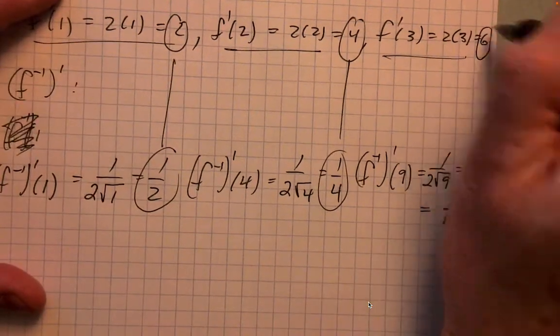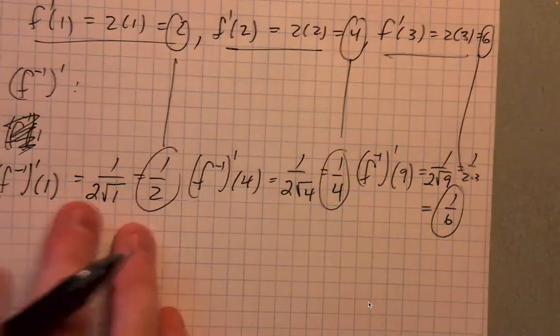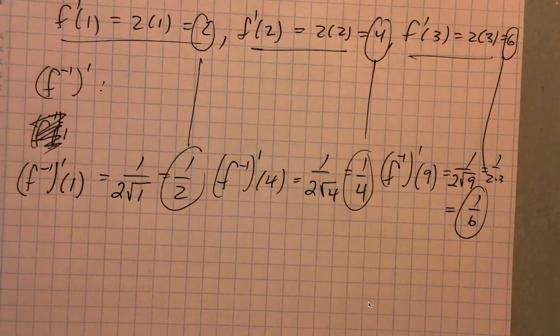And of course, those track as well, right? So the value of the derivative at the inverse and the value of the original function's derivative are reciprocal. That's sort of the relationship.